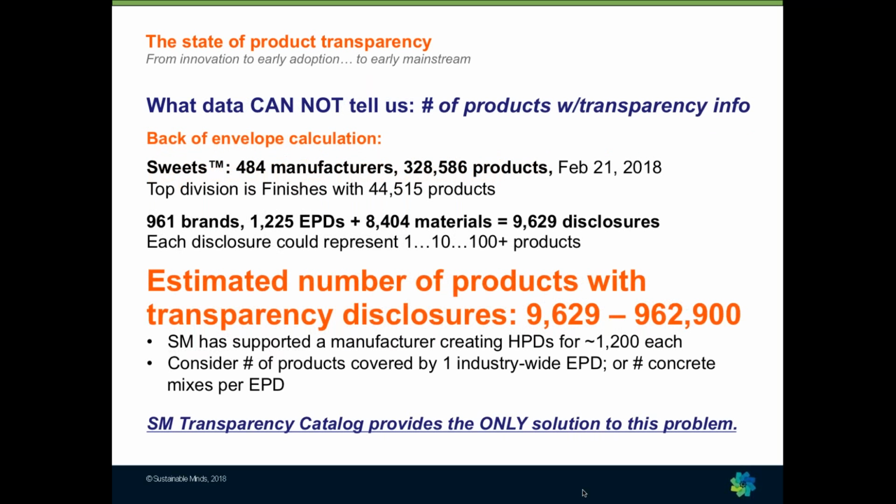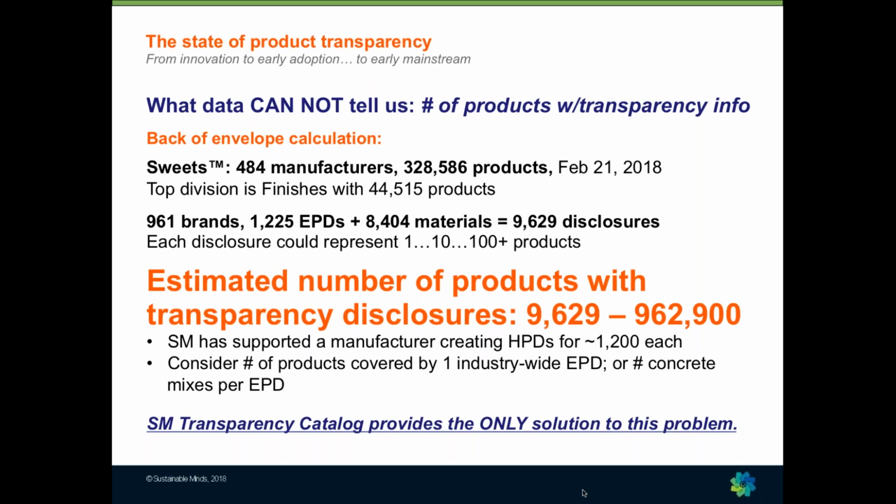So we did a quick back of envelope calculation to try to figure out how many products with transparency disclosures there are in the marketplace. Going from a one-to-one correlation to, let's say, averaging it out at 100 products per disclosure, we know certainly it's somewhere in the middle.